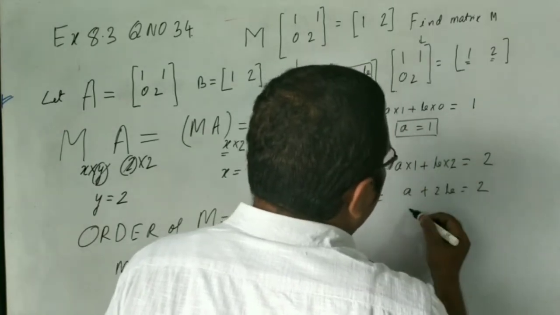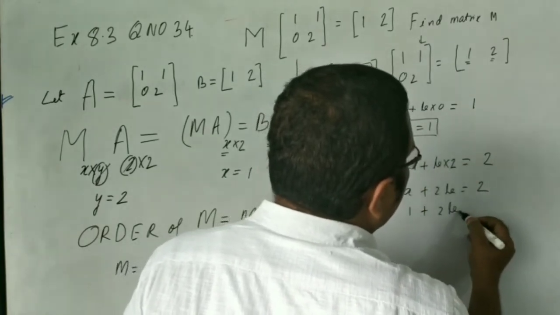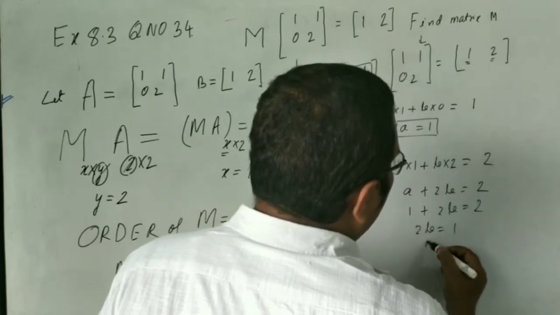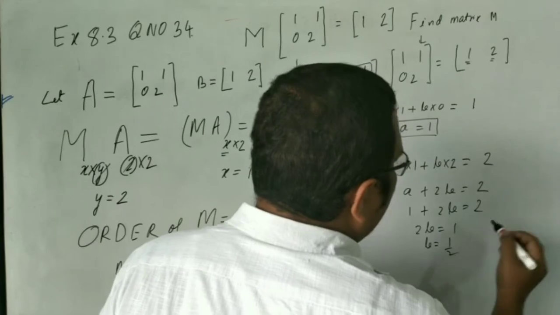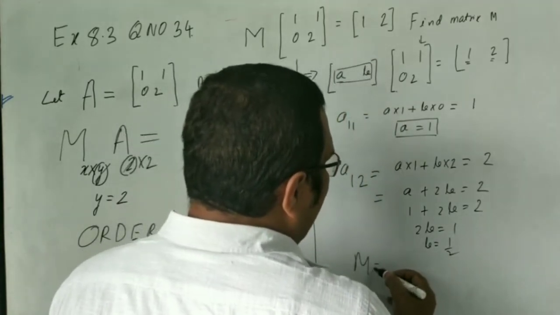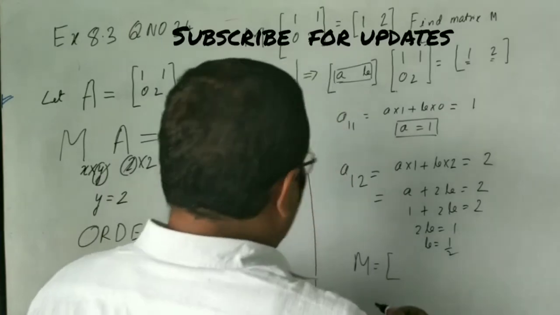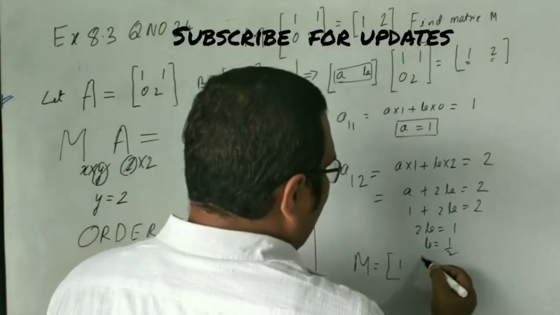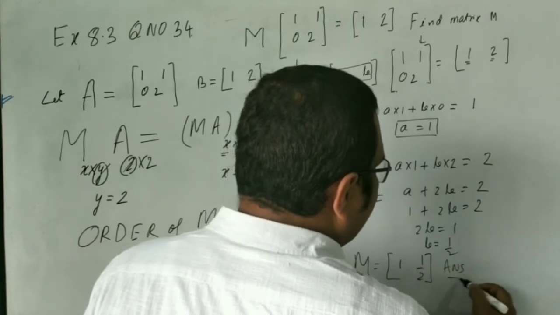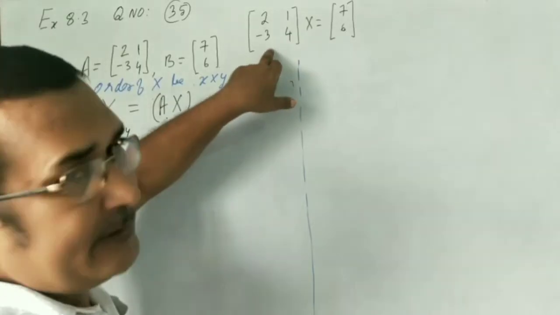And we know A is equal to 1. Therefore, 2B is equal to 1 and B is equal to 1 by 2. So finally we have N matrix as [1, 1/2]. This is the answer.